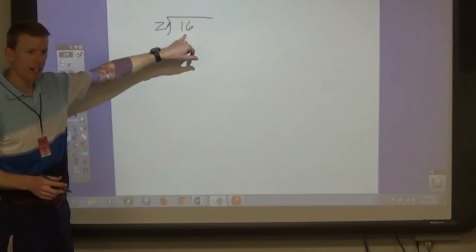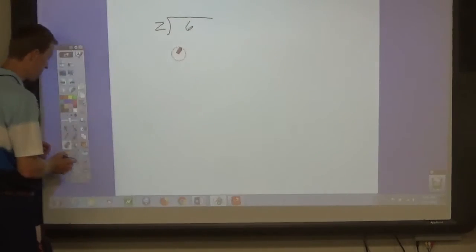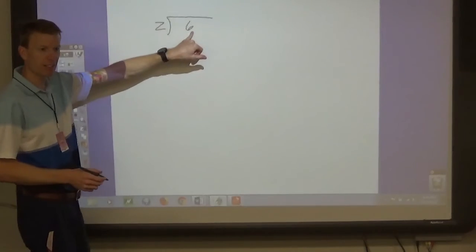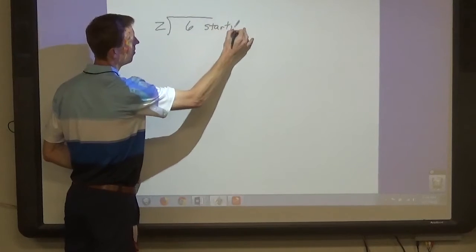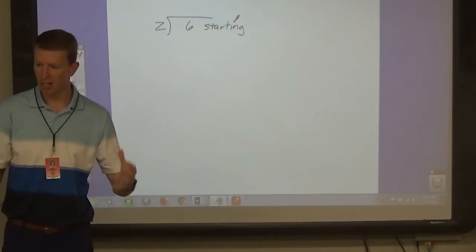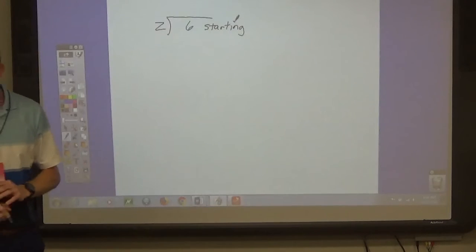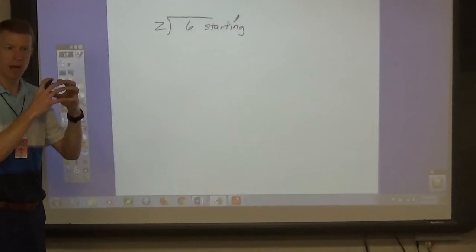This one is the dividend. Oops, I'm sorry, we're supposed to be 6, not 16. 6 divided by z. This is the dividend. This is the amount we're starting with. The starting amount in a division problem is called the dividend, and then the number that tells you how big you're making the piles.